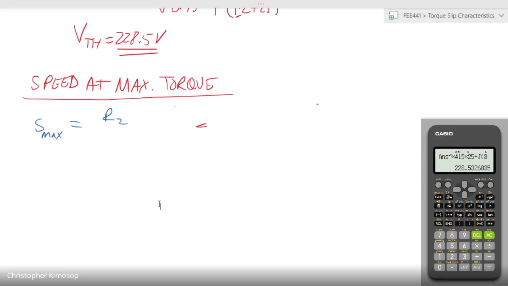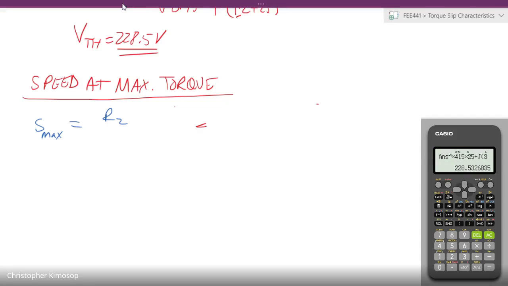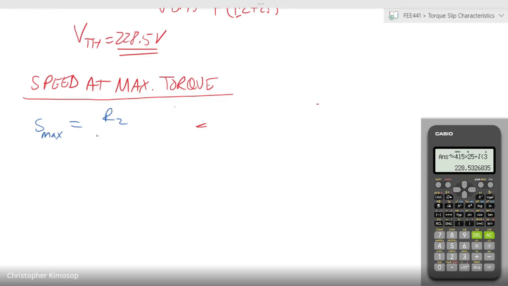Coming back to our example, it will be R2 over the square root of R Thevenin squared plus (X Thevenin plus X2) squared.